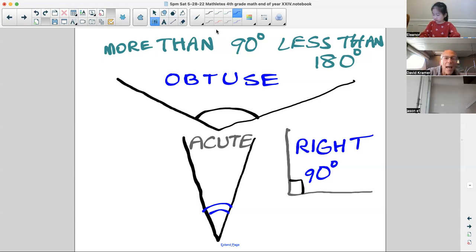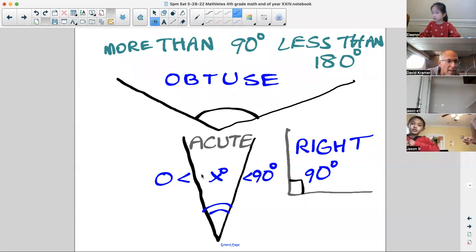Now, an acute angle is in between 0 degrees and 90 degrees. Hi, Jason. So an acute angle is smaller than 90 but greater than 0. And a right angle is exactly 90. And an obtuse angle is a big angle.